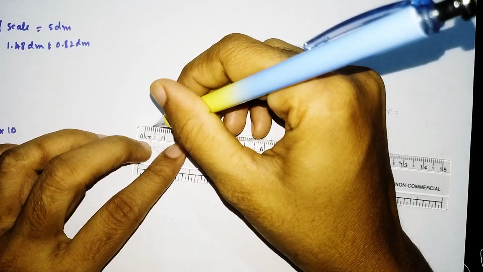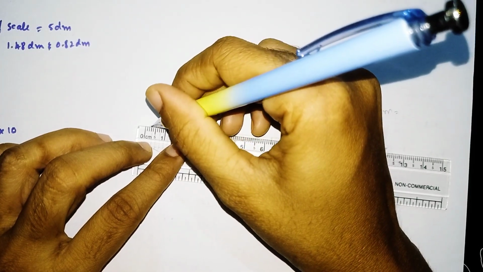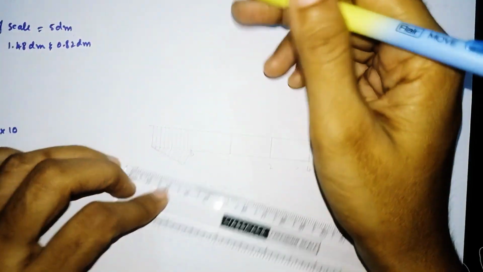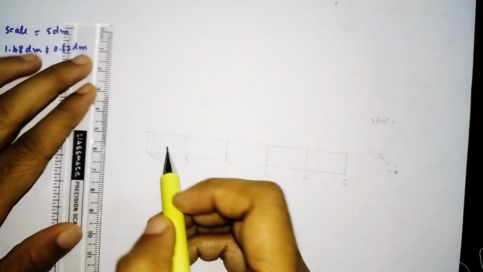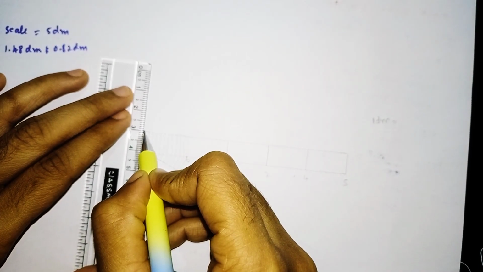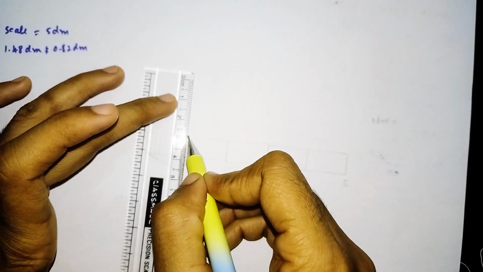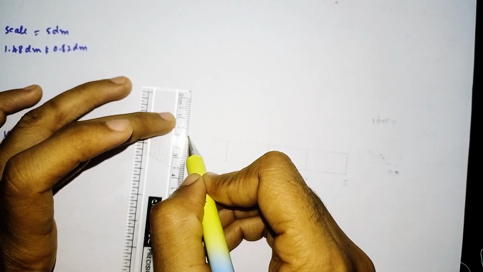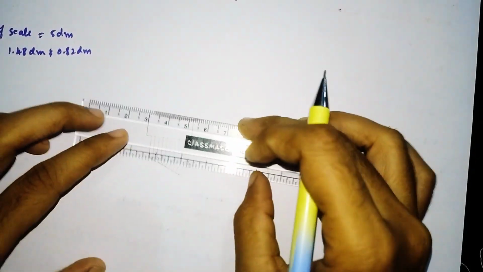I will extend here up to 2 mm, like this. Now again I will draw a straight vertical line of 1 centimeter here. Here also a vertical line of 1 centimeter. We join.